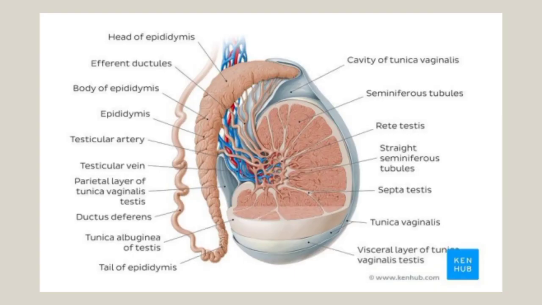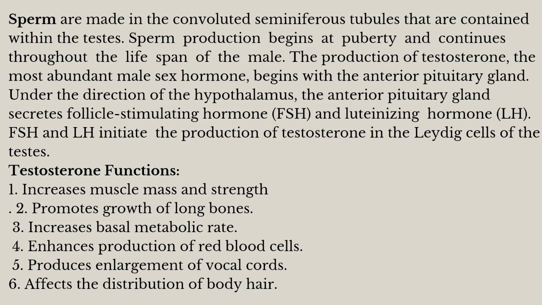This picture shows the sperm. Sperm are made in the convoluted seminiferous tubules that are contained within the testes, and sperm is the male reproductive cell. Sperm production begins at puberty and continues throughout the lifespan of the male.